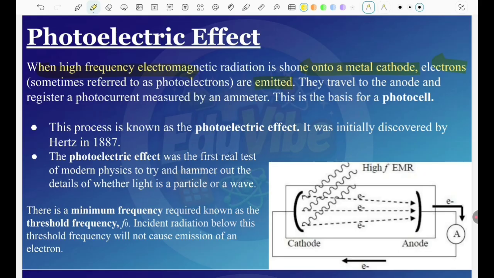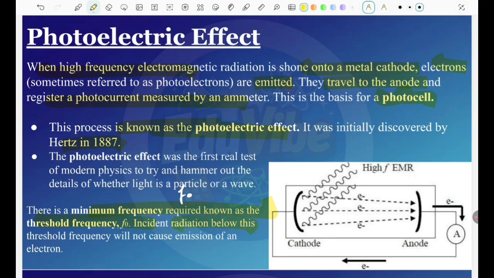When they are emitted, they travel to the anode, and they register a photocurrent measured in the photocell. That whole process is called the photoelectric effect, first observed by Hertz in 1887. From here, we are discovering the minimum frequency. You have to determine the minimum frequency, so you have to find the threshold frequency, which is f0, like this.